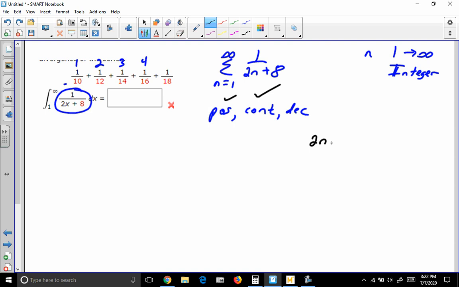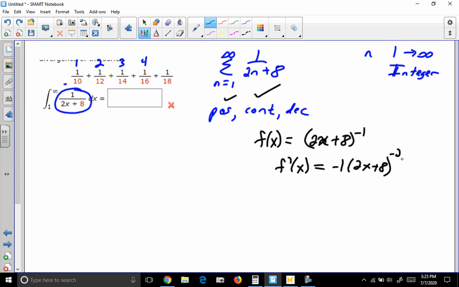If we take 2x plus 8 to the -1 power and take the derivative, we have to use the chain rule: bring your exponent down, times the derivative of the inside, or -2 over 2x plus 8 squared.